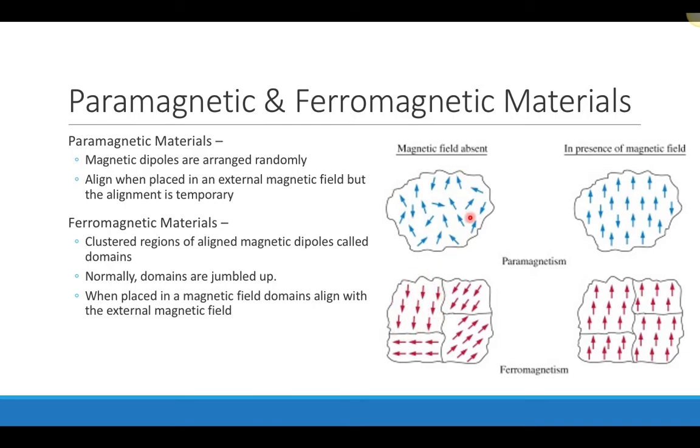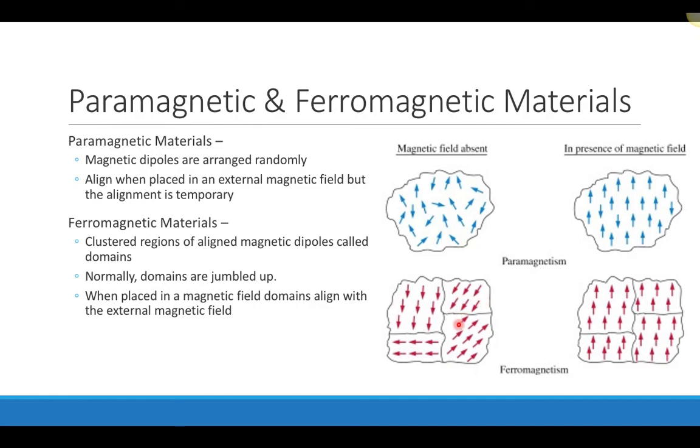So unlike paramagnetic materials where it's all random, there are these regions called domains where they're all lined up, and then there's another domain nearby where they're all lined up but not in the same direction, and then another domain where they're all lined up, again, not in the same direction, and so on. So normally the domains are jumbled up, right? They are lined up within the domain, but the domains themselves are jumbled up in all different directions.